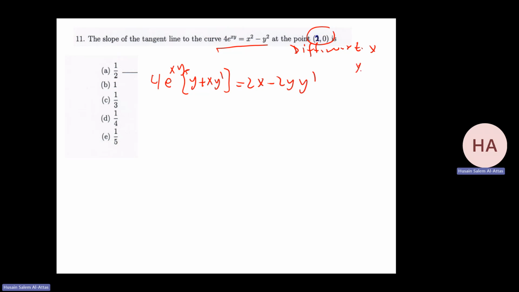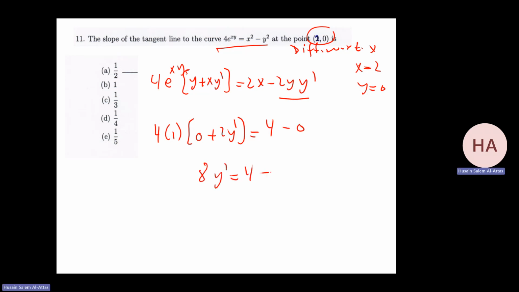So x equal 2 and y equal 0. See what will happen. I have 4 e to the power 0, which is 1, y 0 plus 2y prime equal 4. This is 0 minus 0. So I have what? 8 y prime equal 4. So y prime equal half. Done.